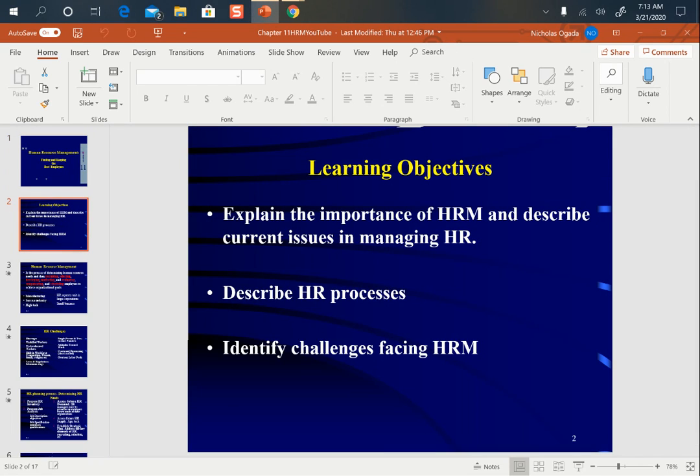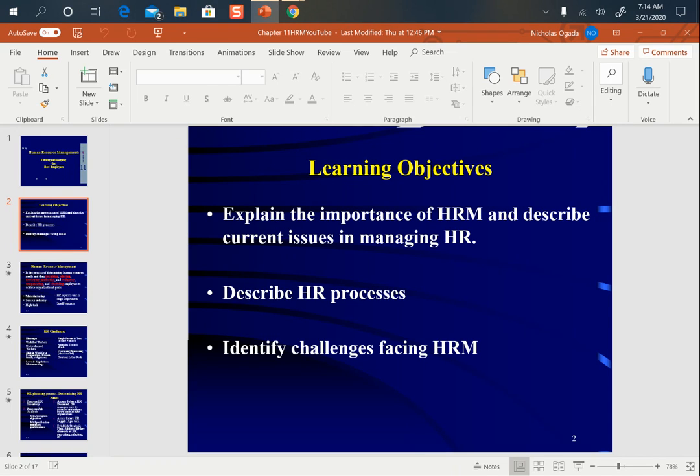So, in this presentation, I want to focus on three objectives. One is first of all to understand what human resource management is. And then we try to explain the importance of human resource management and then describe some of the current issues in managing human resources.